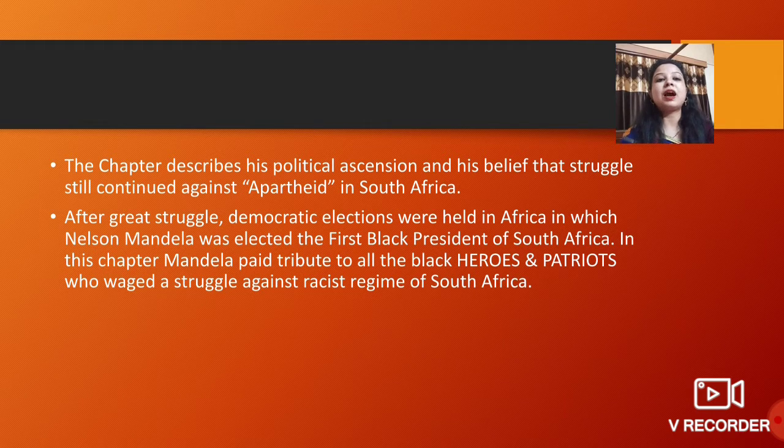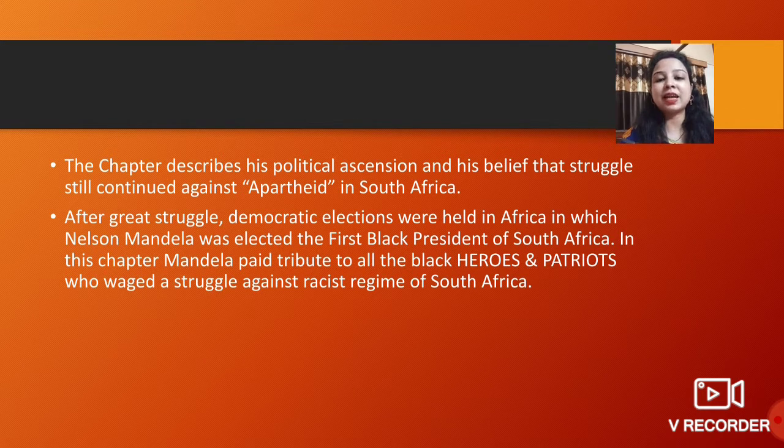In this chapter, Mandela paid tribute to all the heroes and patriots who waged a struggle against the racist regime of South Africa. So this is also a chapter which tells us that Mandela has paid tribute through his autobiography. In this autobiography, Mandela has paid tribute to each and every one of the heroes and patriots who fought for their country, who struggled against racism and brought freedom to their country.